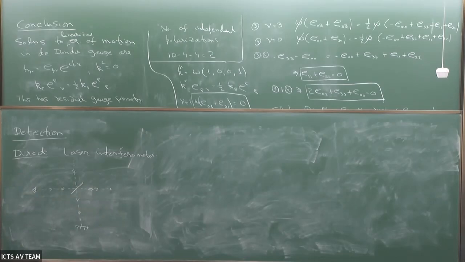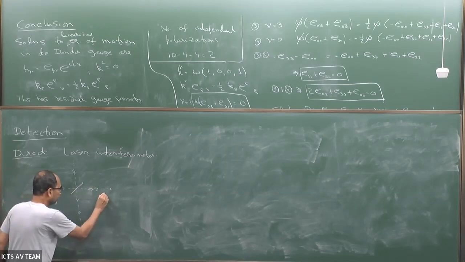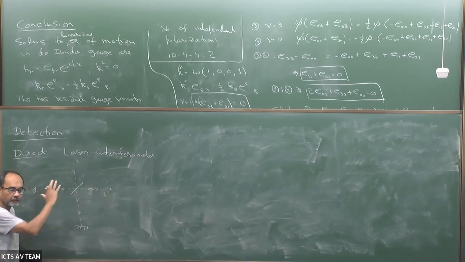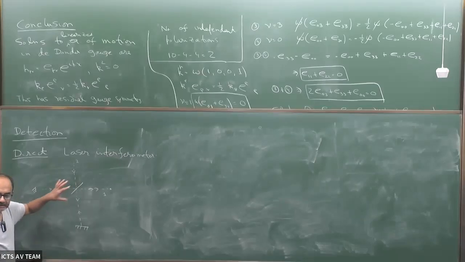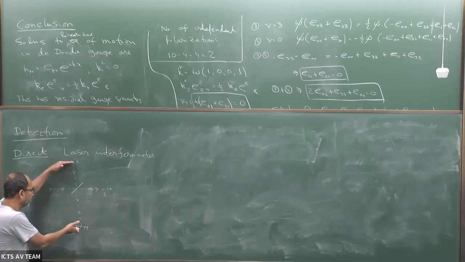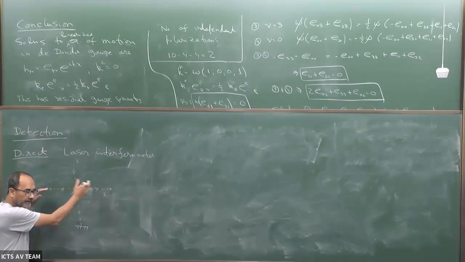Now, let's ask what will happen. Suppose there is a plus polarization. Let's say this is the one direction, this is the two direction. Suppose there is a plus polarization that passes through in the direction transverse to this plane. Then as that passes through, this may contract and this expand, and vice versa.